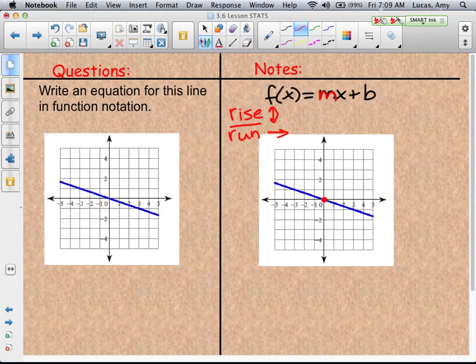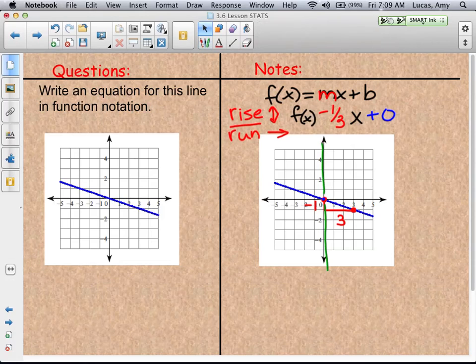Then tracing over to the right, the next point that looks good is right here. So my slope, I'm going to have to go down 1 and over 3 to the right, so negative 1/3. And my intercept on this problem, where my line crosses with that y-axis, is 0. So my equation looks like this.